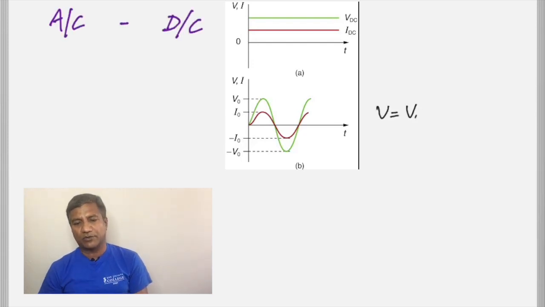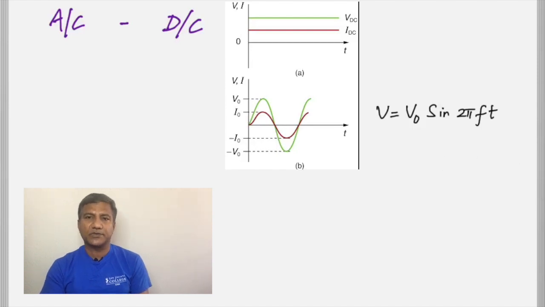So the RMS value is related to the peak value, and you've got to know that relation. But before that, this is how an alternating voltage is represented. Let's look at those terms. V is the voltage at any instant. Remember, the voltage keeps changing, right? So at any time t seconds, you could find the voltage using this formula. And V0 is the peak value. f is the frequency.